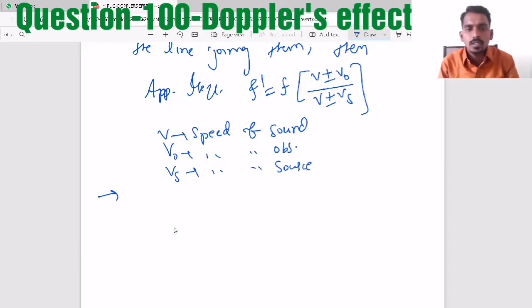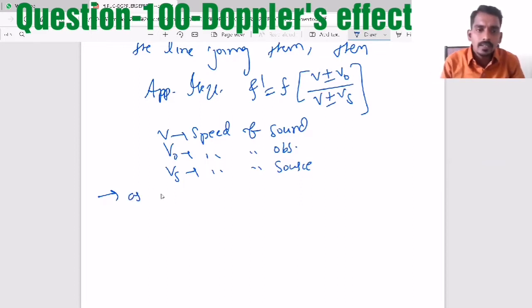So this is the apparent frequency formula: f dash equal to f into V plus or minus V naught by V plus or minus Vs. Now the main thing you have to understand, with common sense, is when to take plus or minus in the denominator or numerator.